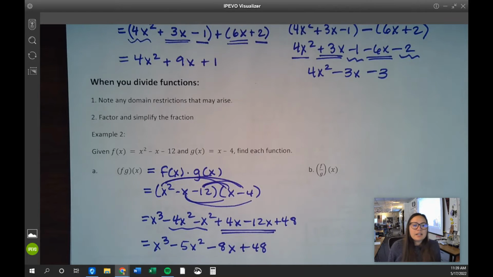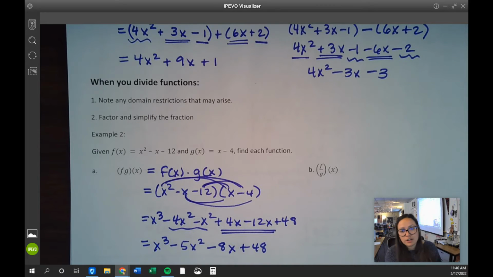I'll give you a minute to get caught up while I talk about our final operation. Let's talk about the word operation. You have all heard the expression order of operations, PEMDAS: parentheses, exponents, and then multiplication, division, addition, and subtraction. Those are the 4 basic operations of math, what you learn in elementary school.